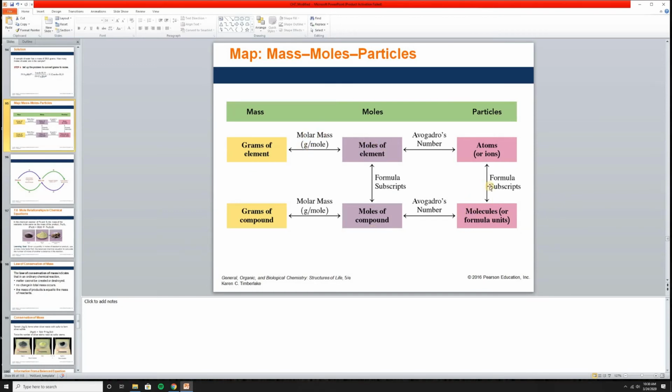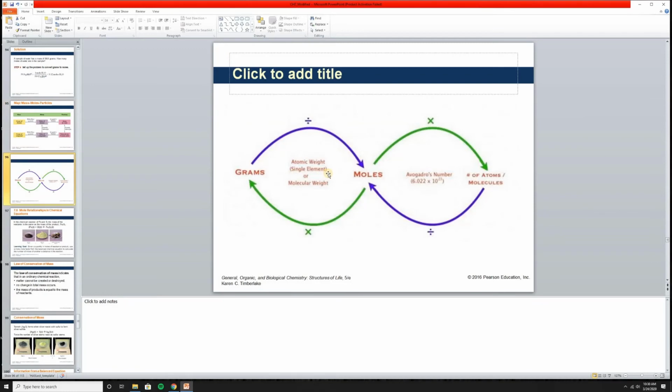So here's what I put, and this isn't in the slides. I'll definitely put it in the slides and upload them. But here is a summary of all the different math we did, and it's very easy. I'll explain it to you.